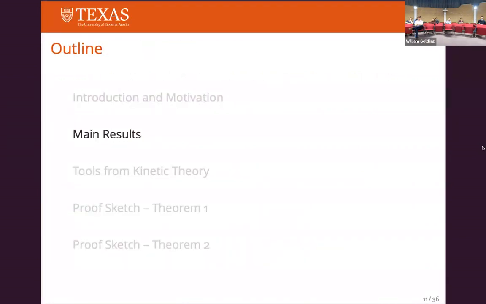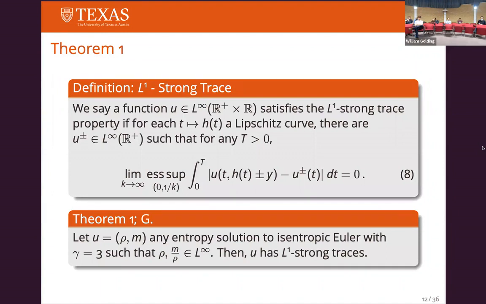So now I think I've introduced the basics and I want to talk about my results. So the first result is basically, there's another type of trace property, which is the same type of thing as before, but I've changed the norm. So it's the same picture of, I want boundary values, but the norm over those shrinking regions is now changed.